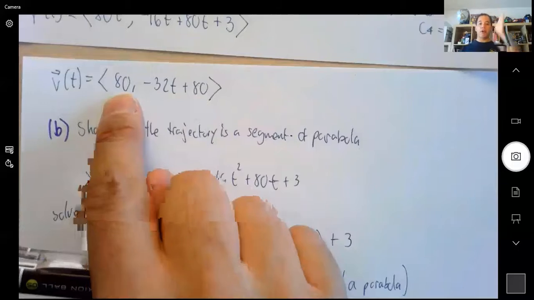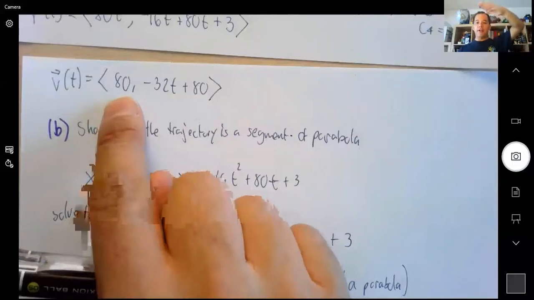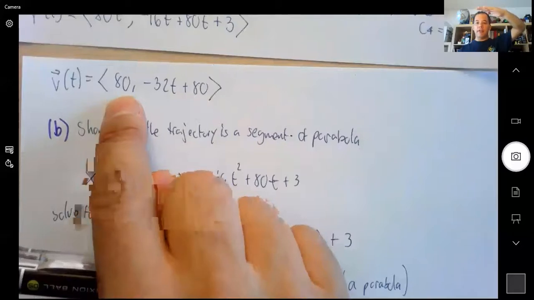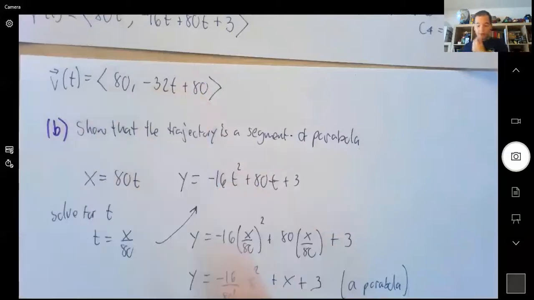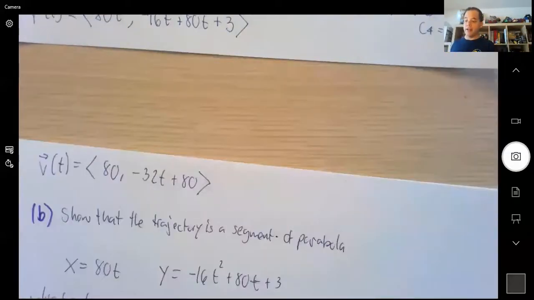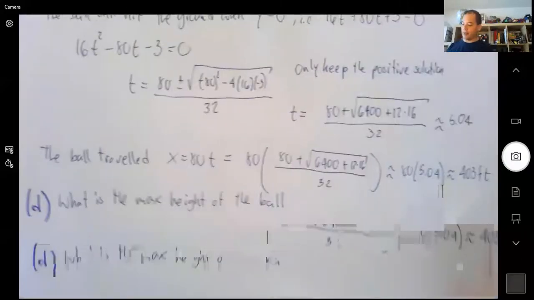But with respect to going up and down, the ball goes up, then is momentarily suspended in the air, and then it goes down. That momentary suspension happens where the y velocity is 0. So that's how we can find when the ball achieves maximum height.